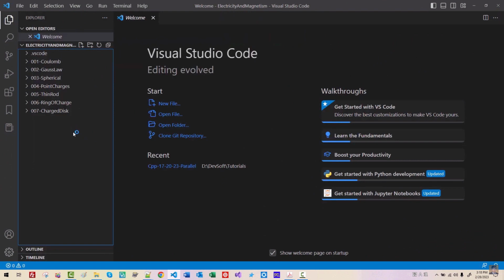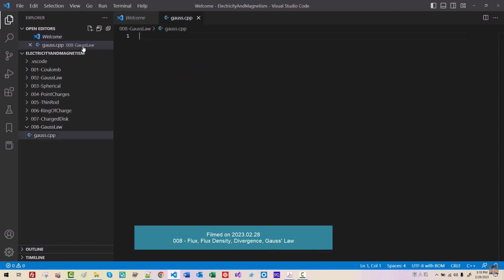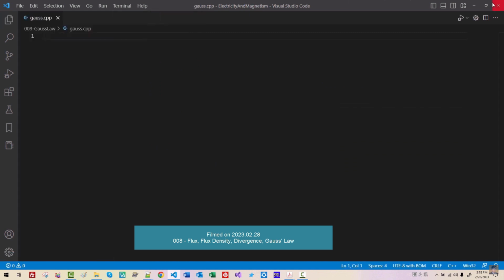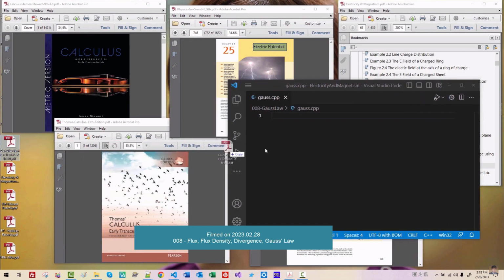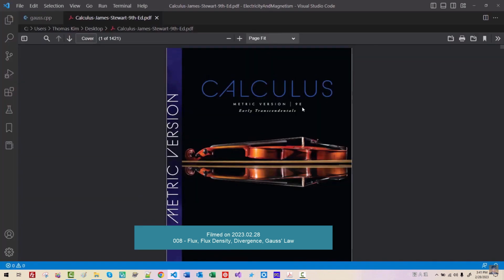Select empty space, click this button, 008, Gauss Law. Click this button, gauss.cpp, hit enter. I will close this document, Ctrl V. I will drag and drop. Calculus by James Stewart, 9th edition.